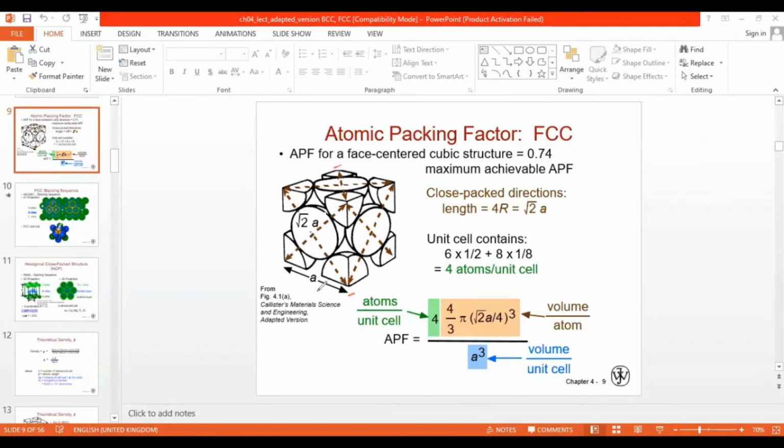So we can take this as A, and this is also A. This is a cube with length A, width A, and height A. I need this length.